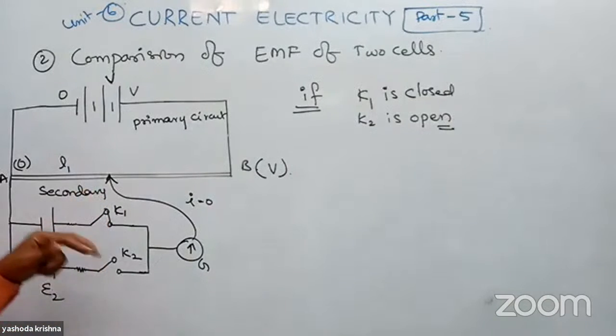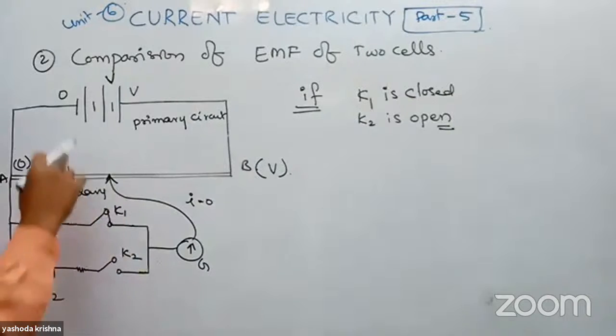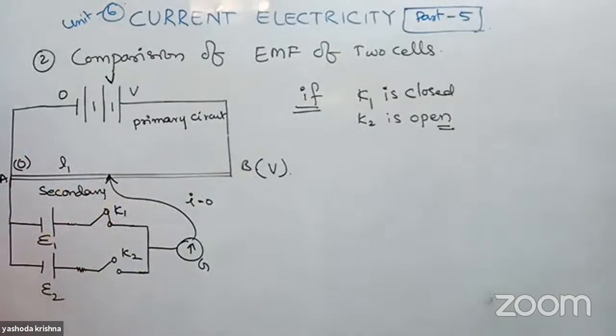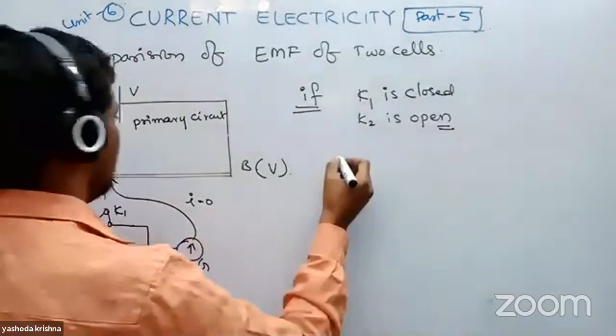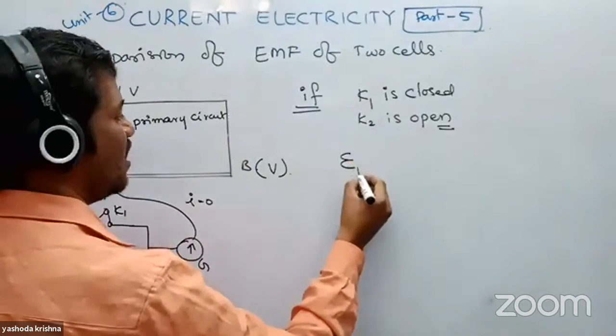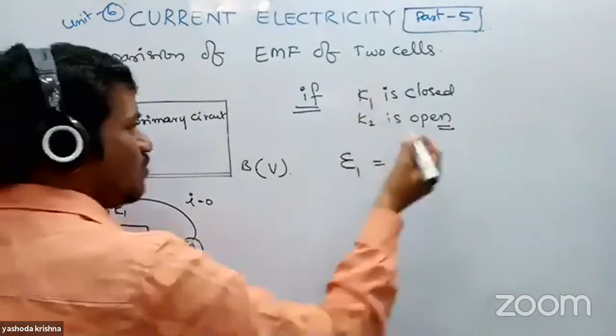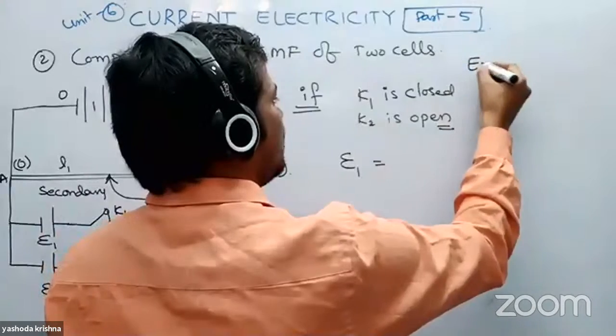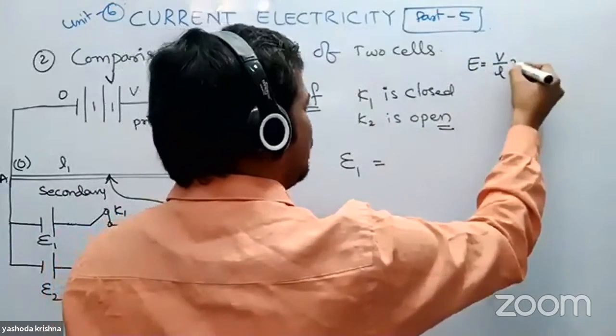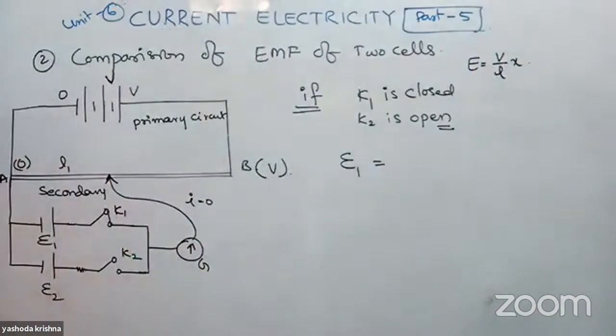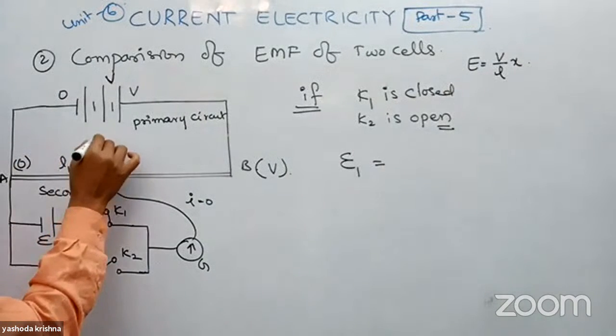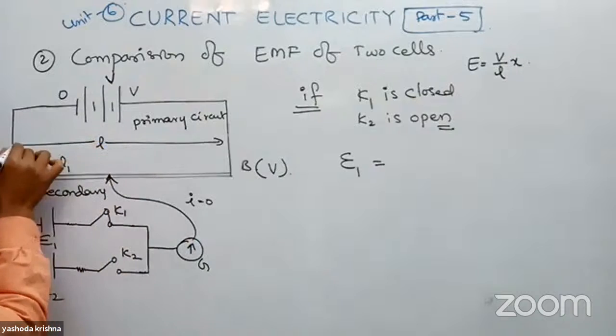Then the total potential difference is the same. How to write it? Here epsilon 1 is equal to, what is the formula? E is equal to V by L into X, where L is the total length of the potentiometer wire.